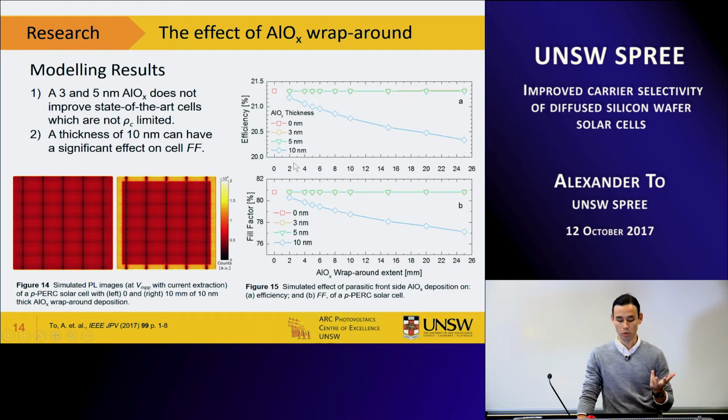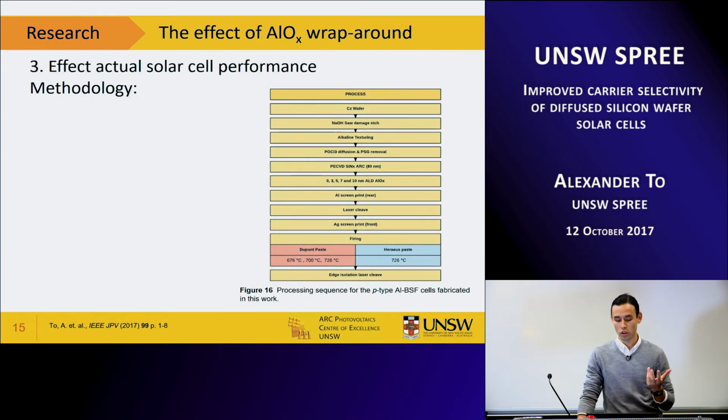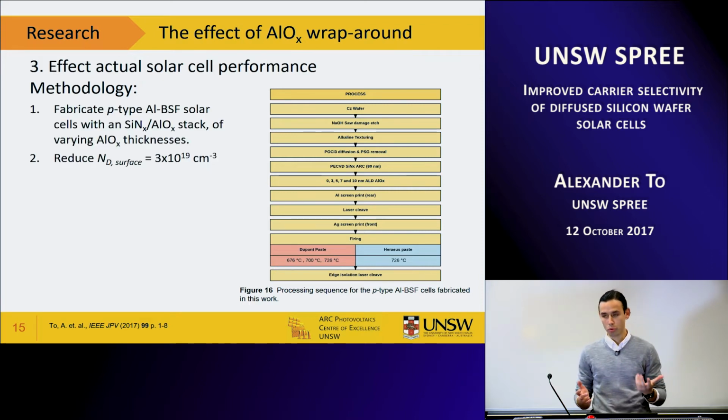Now we thought, can we verify this with cell results? So we decided to fabricate some standard screen print solar cells, but taking what we learned from the simulation, we decided to significantly reduce the surface concentration to try and force that series resistance limit to show up in the results.